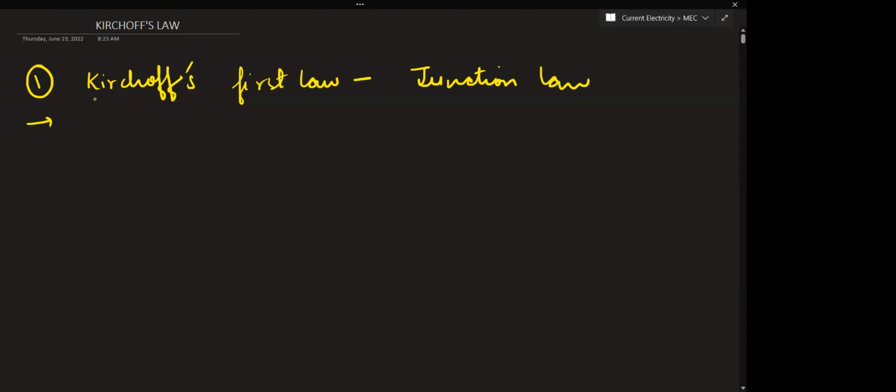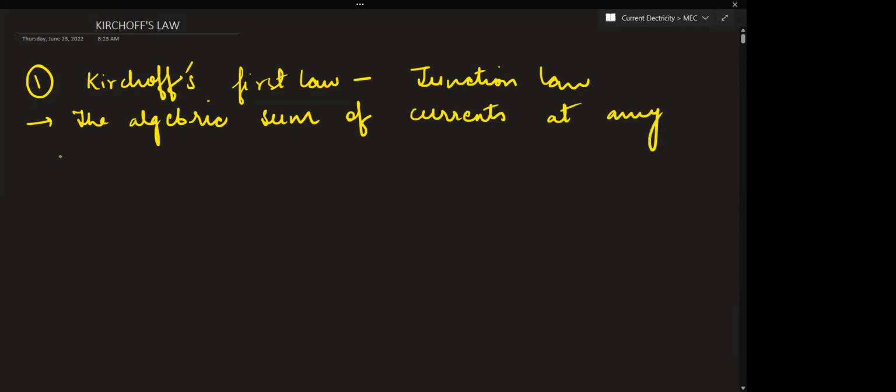This says that the algebraic sum of currents at any junction is zero. So when can this be valid? If all the currents which are entering are equal to all the currents that are leaving, your summation of all the currents is zero.